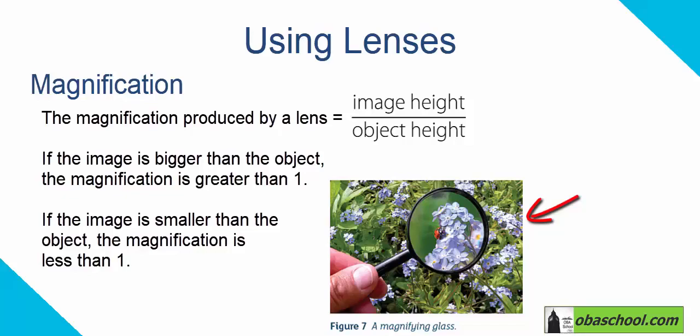And vice versa, when the image is smaller than the object, the magnification will be less than 1. And magnification does not have a unit because both the numerator and the denominator have the same unit, either millimeters or centimeters.